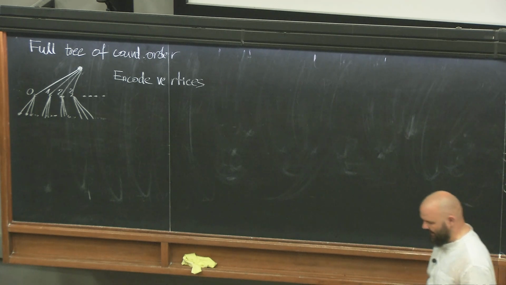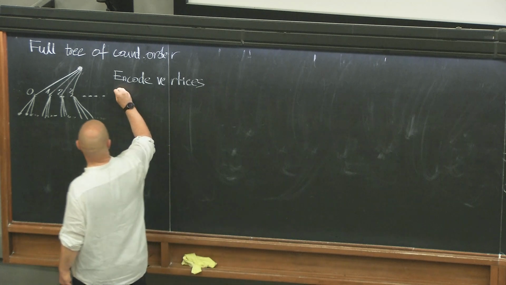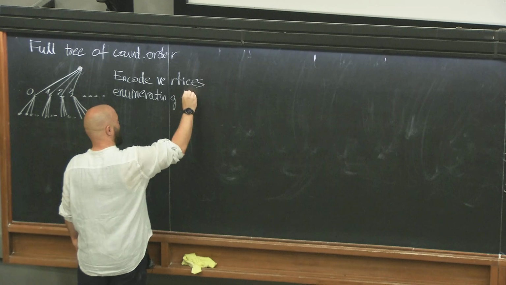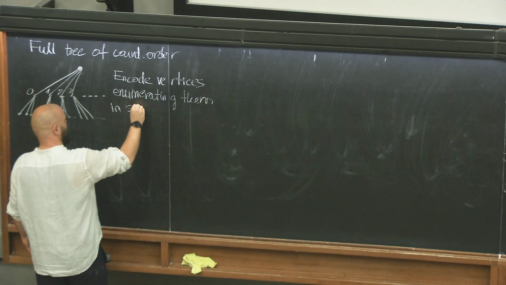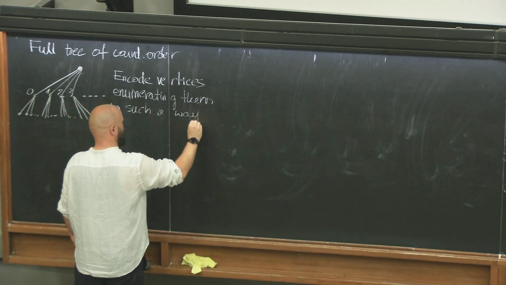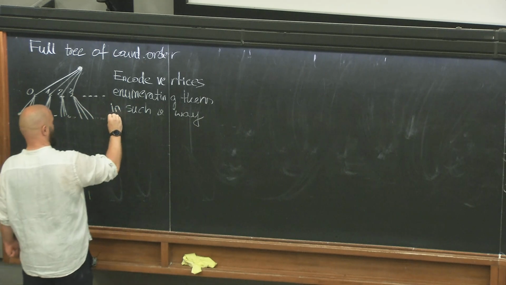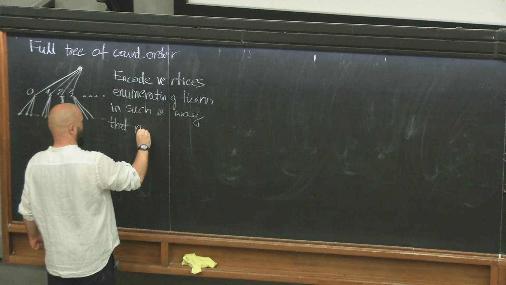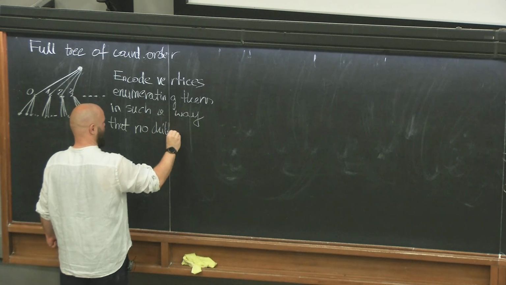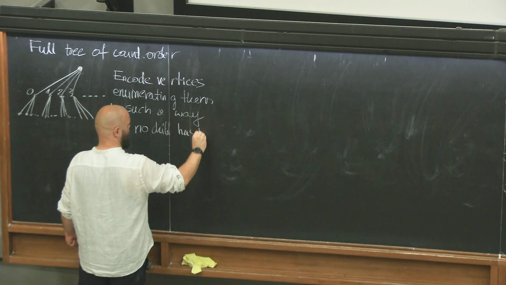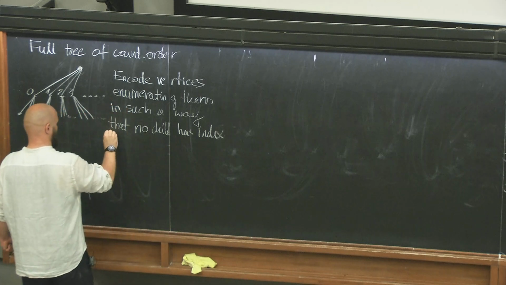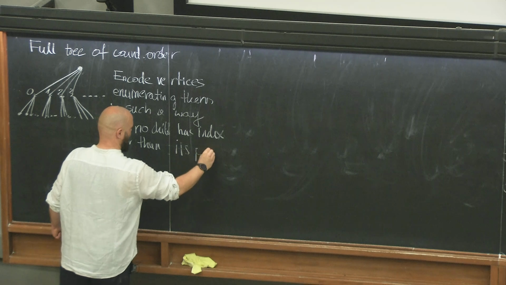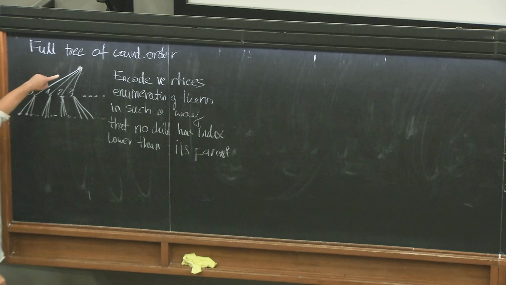Okay, so if you know that the set is countable, you can enumerate them in such a way that no child has a lower index than its parent. We have this enumeration.